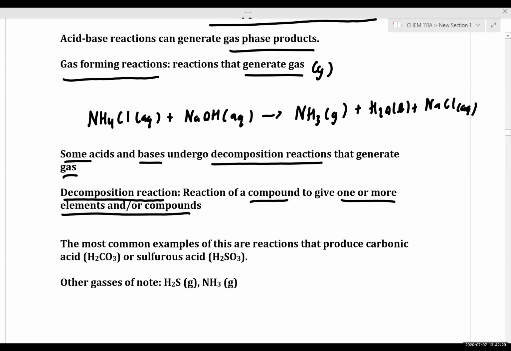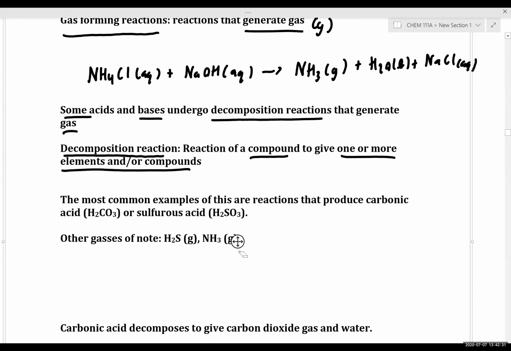The most common examples of decomposition would be reactions that make carbonic acid, which is H2CO3, or reactions that make sulfurous acid, which is H2SO3. Other gases that you should be aware of are hydrogen sulfide and ammonia, both of which smell terrible.